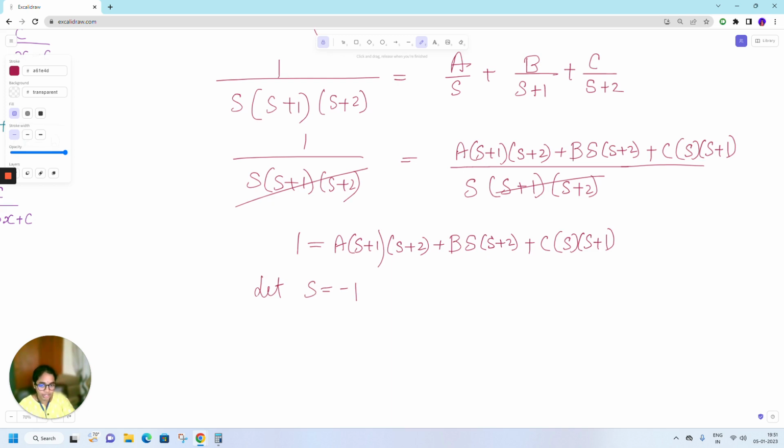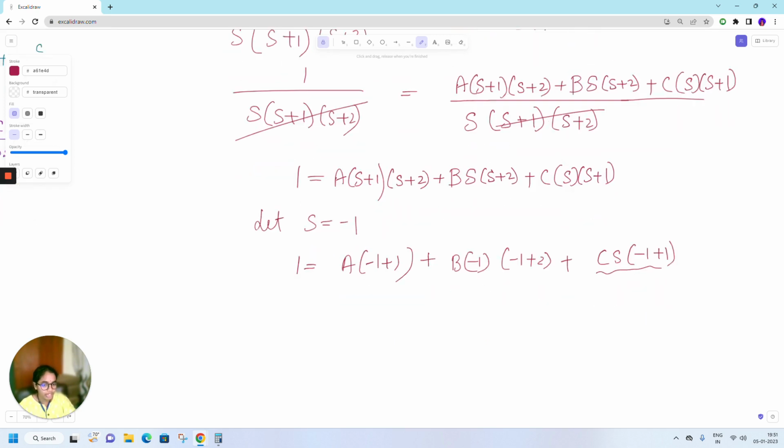Because when I substitute s as minus 1, I would get minus 1 plus 1, so a goes away. This is 0, right? 0 into anything is 0. Plus b into minus 1 into minus 1 plus 2, plus c into, even here it is minus 1 plus 1, even this term goes away, it becomes 0. I would get the b value. That is why I took s is equal to minus 1.